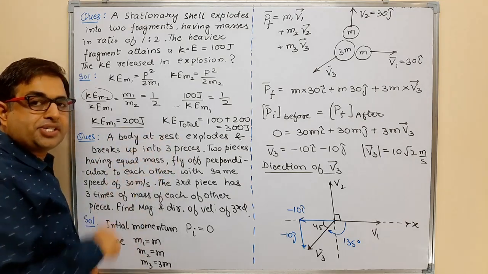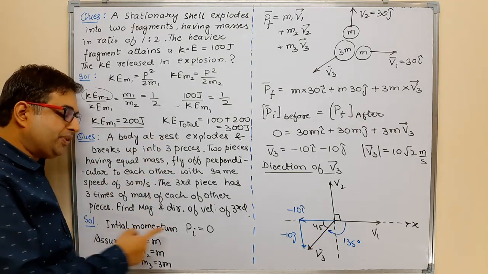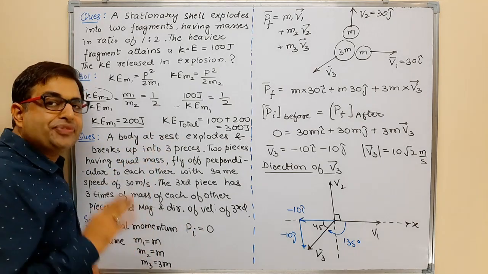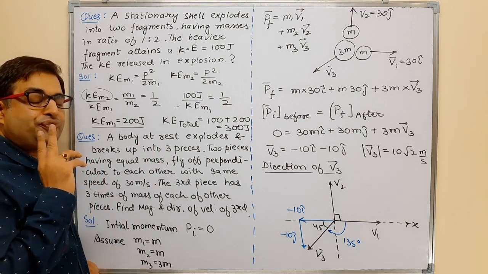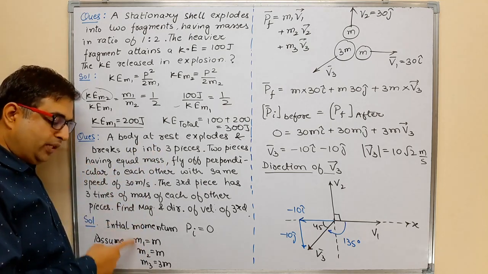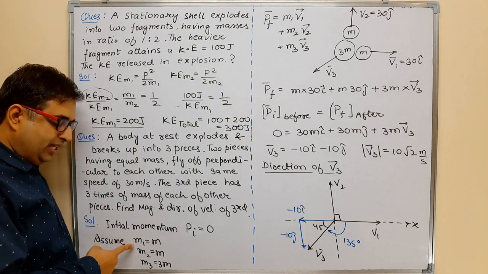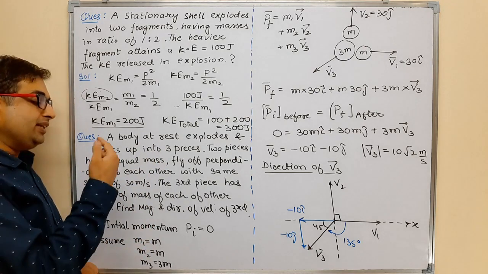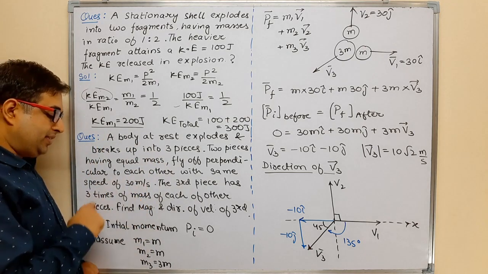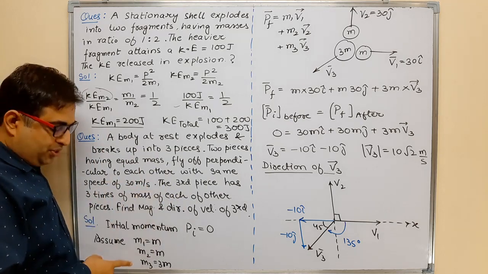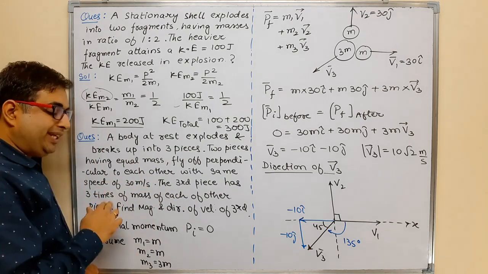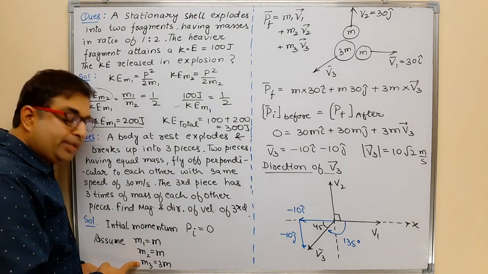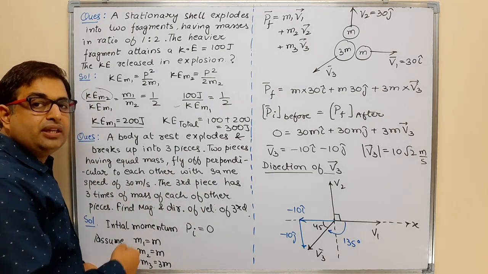It is in rest state, so initial momentum of the bomb is equal to 0. And here we have 3 fragments. Out of 3, 2 are having equal mass, so I am assuming m1 and m2 both are having mass m. And the third is 3 times of mass of other. So third mass is 3 times the mass of each of other pieces. So third mass m3 I am assuming 3m.